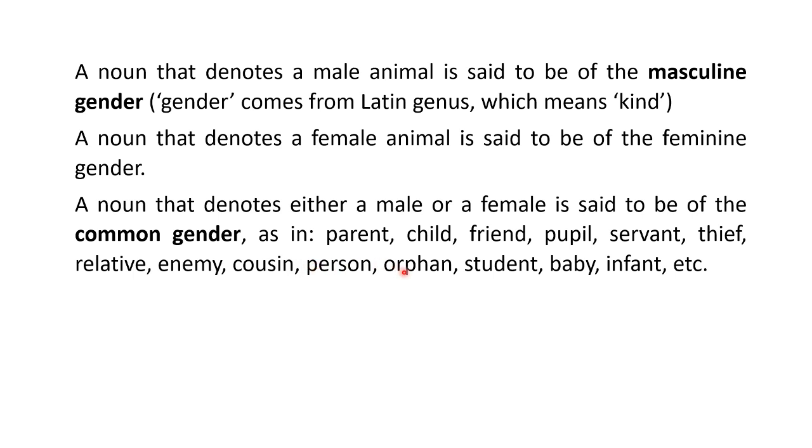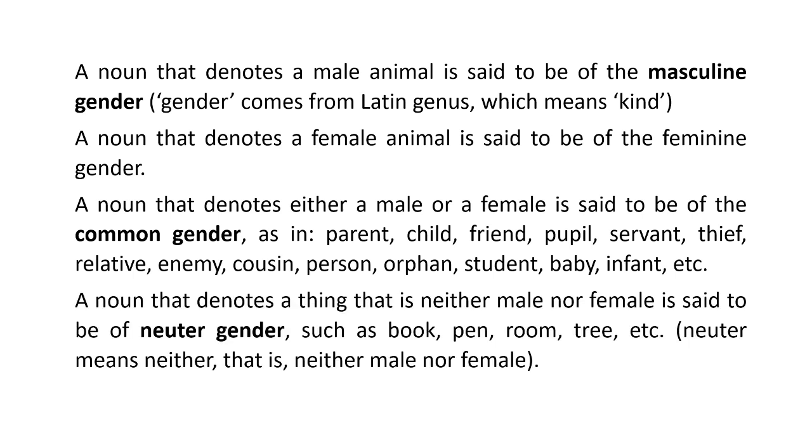Orphan, common gender. Student, common gender. It is not distinguishing between a baby girl or a baby boy. We use only child if we don't distinguish between the sexes. So a noun that denotes either a female or a male is said to be of the common gender.